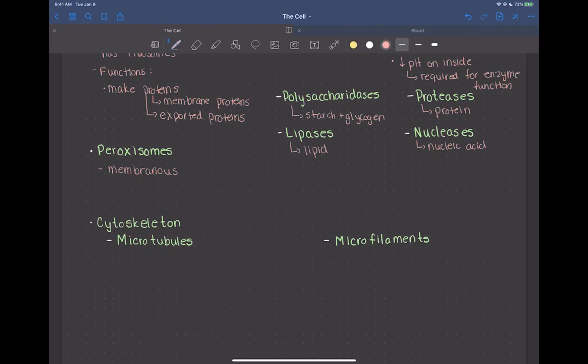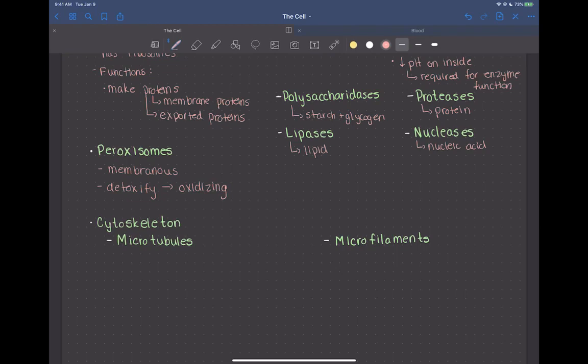They're going to detoxify things by oxidizing them. So they're going to detoxify drugs and other things like that, similar to the smooth ER, through oxidizing.